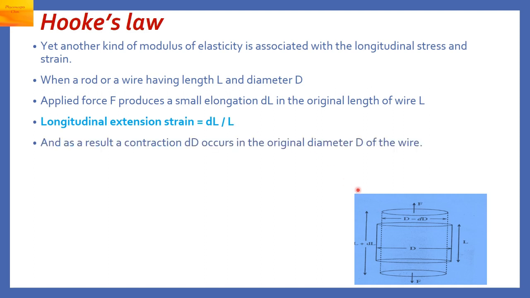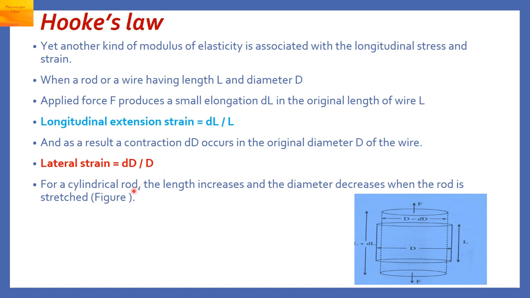Also, when you stretch the rod, the diameter of the rod will decrease, so there will be a contraction which we will denote as dd. That is written as lateral strain. It is equal to the change in diameter divided by the original diameter, dd upon d.